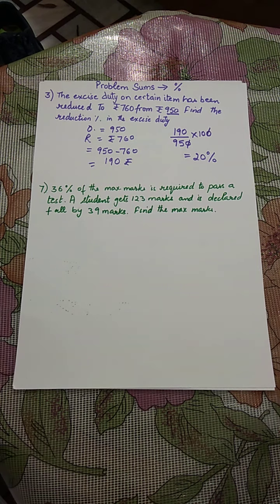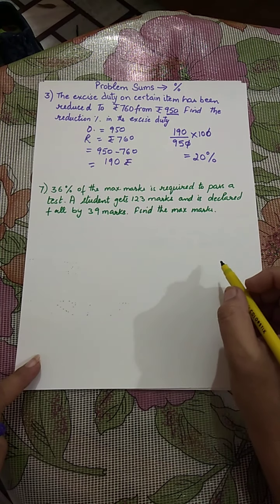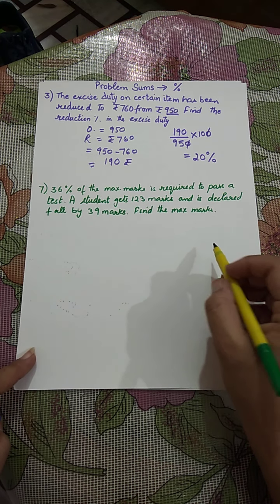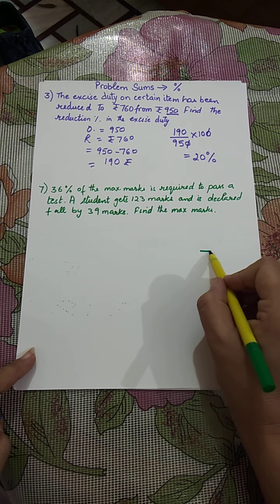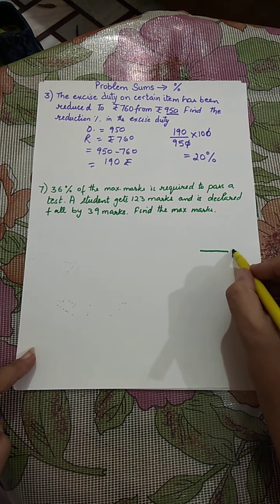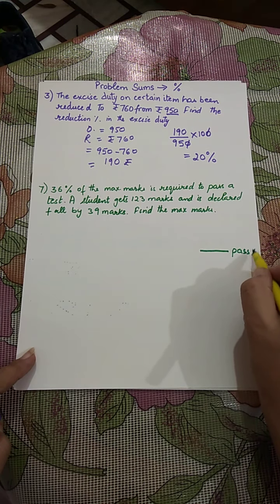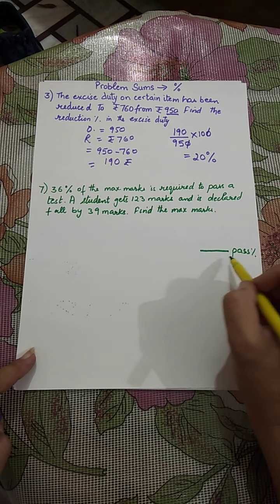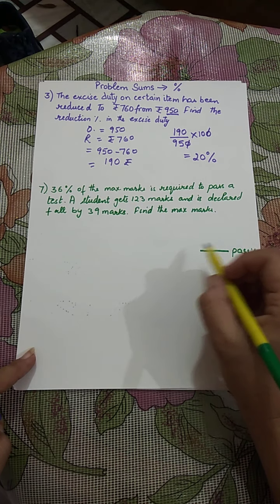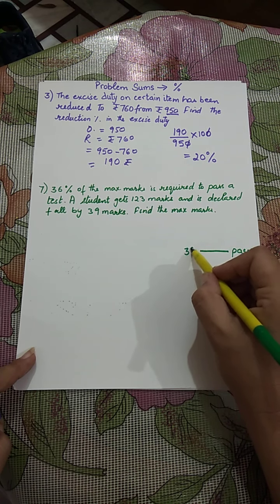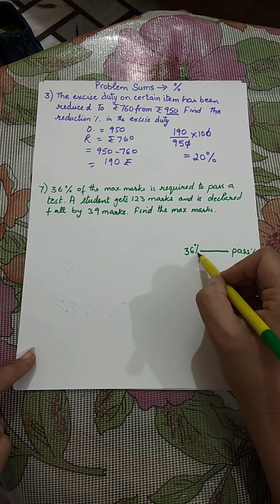36% of the maximum marks is required to pass a test. So let me explain the question with the help of one figure. If this is the passing marks, pass percentage, if suppose this line is a percentage, they have told that 36% is the passing marks.